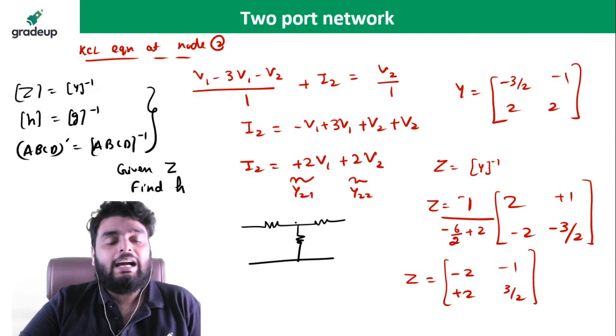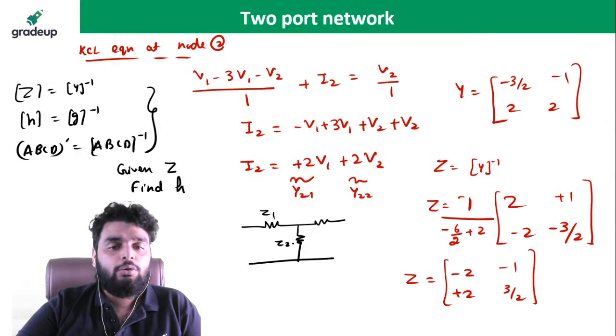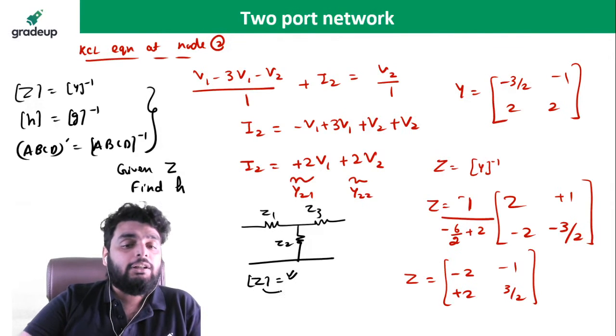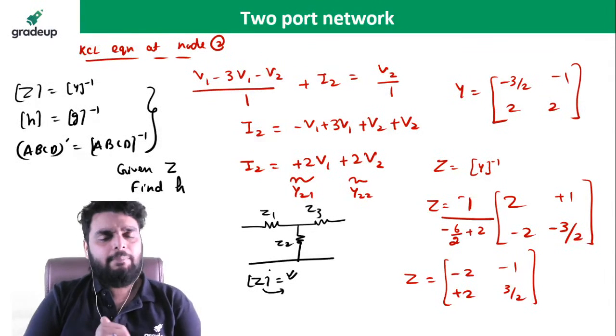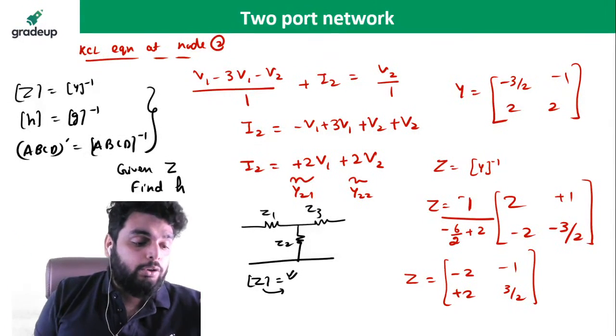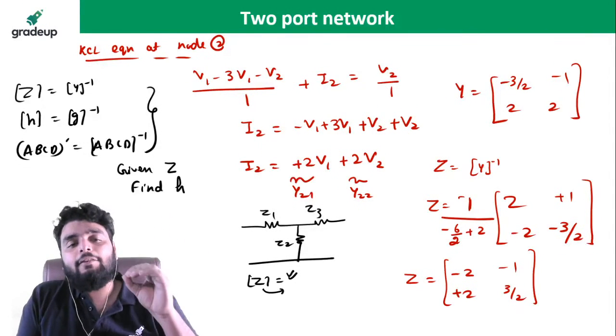For this network, I can easily find out the Z parameter. I told you the shortcut formula. So I can easily find out Z parameter from here, and then I can convert this into any of the parameters like H, ABCD dash, ABCD or G parameter. किसी भी parameter में change कर सकता हूँ. Now, if you know this concept already, then you know you have to remember so many formulas.